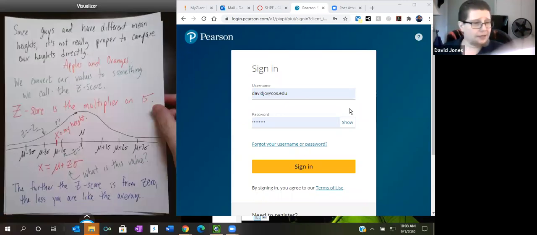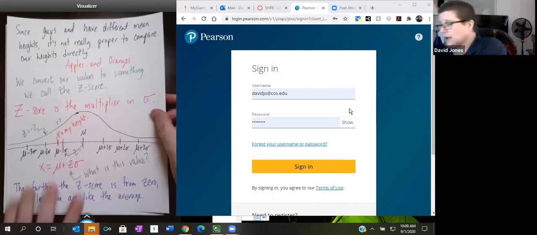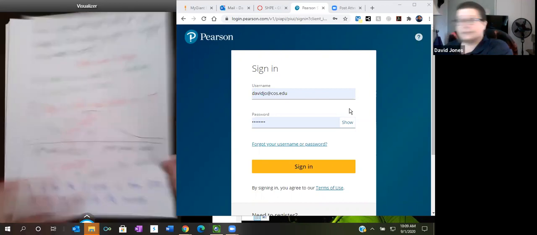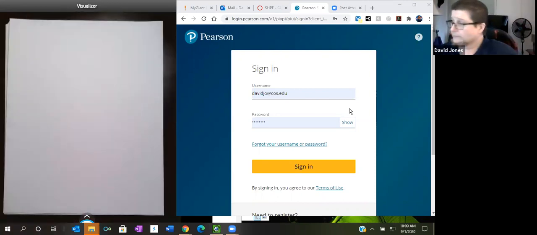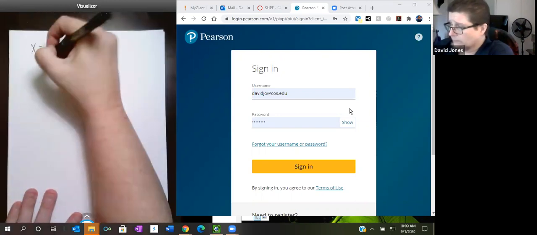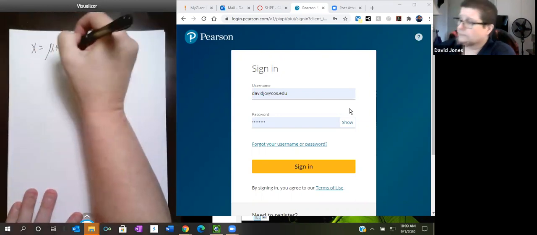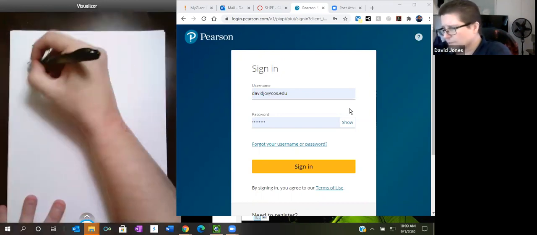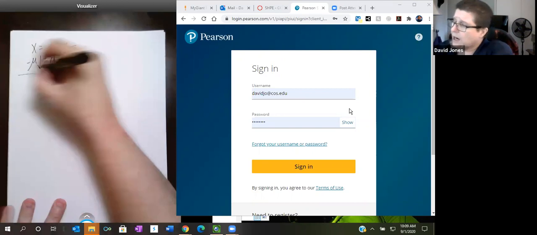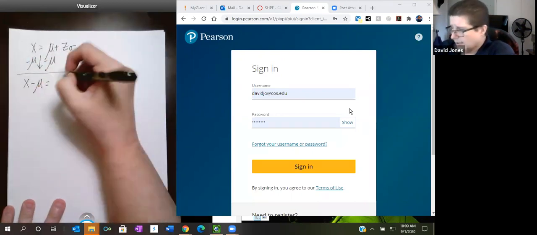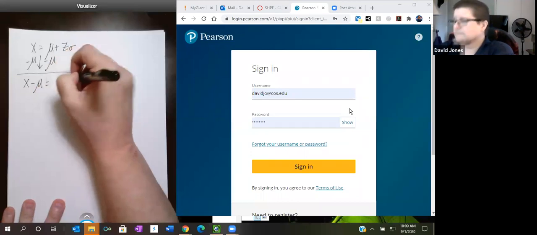So let me illustrate doing that. I'm going to take this equation and we're going to manipulate it. X equals mu plus z sigma. I'm going to subtract mu from both sides. This is some algebra. And if I do, I have x minus mu equals z times sigma.